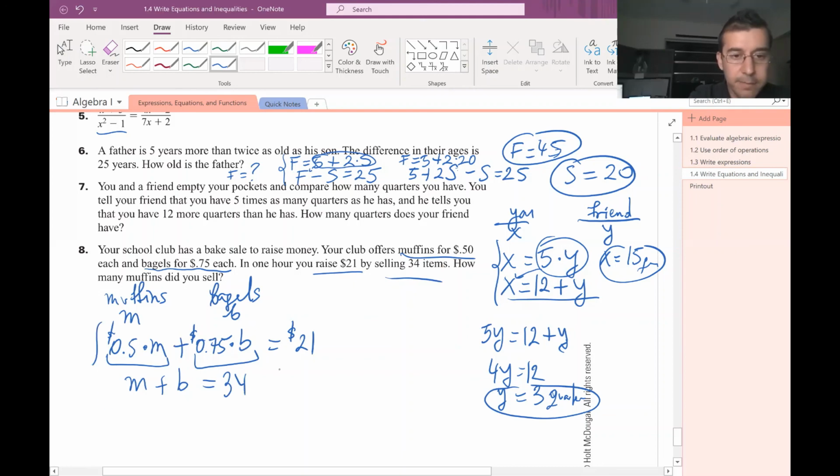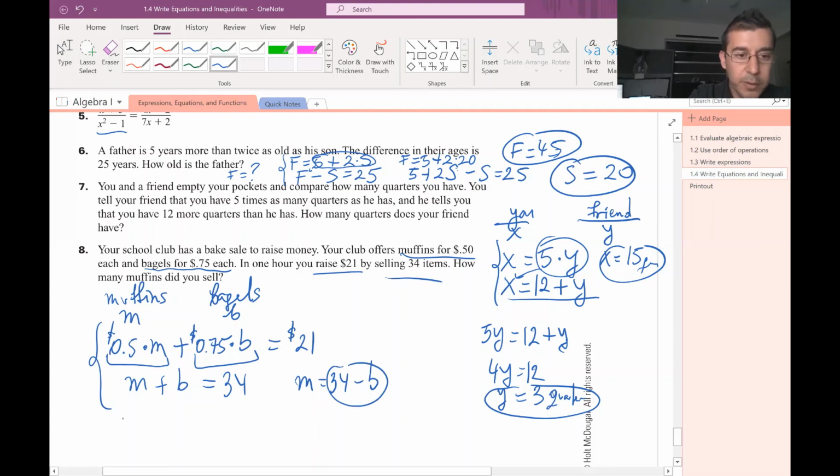So this is, again, a system of 2 equations with 2 unknowns. Let's express M from the second equation. M from the second equation is 34 minus B, and then we plug in 34 minus B for M in the first one.